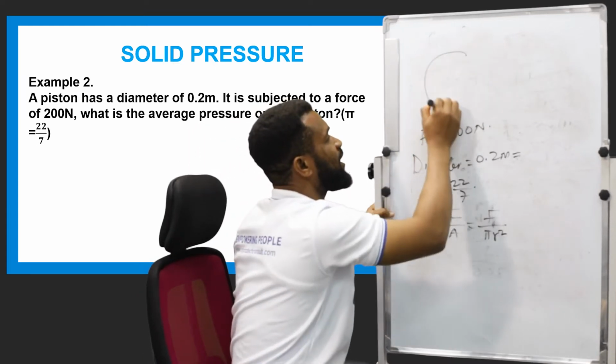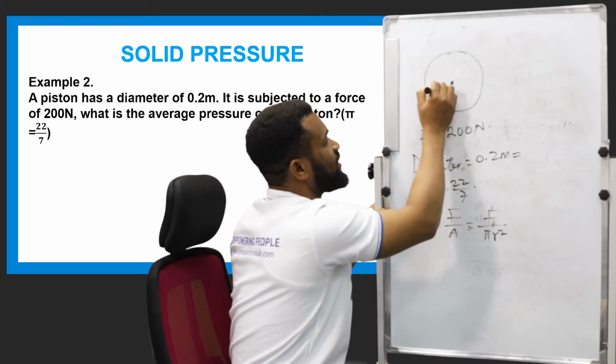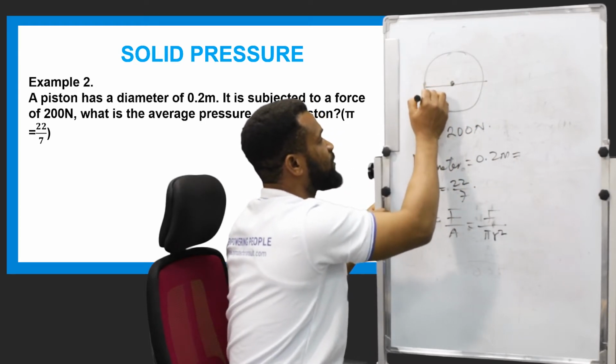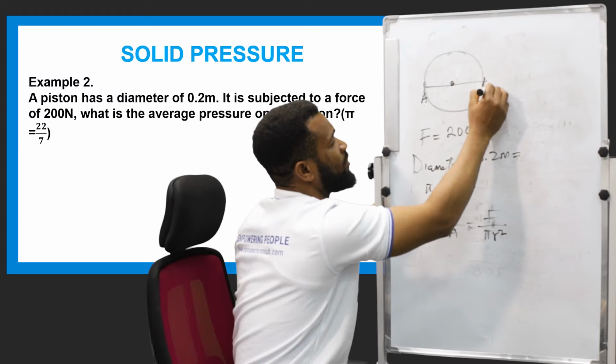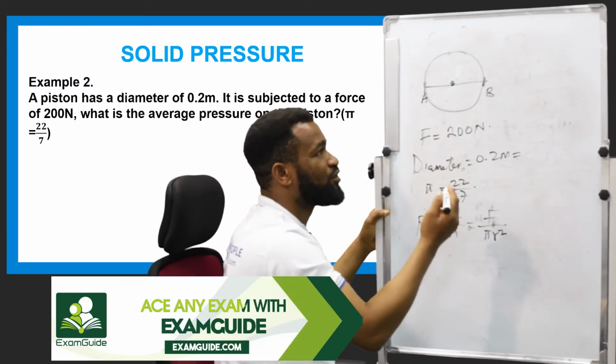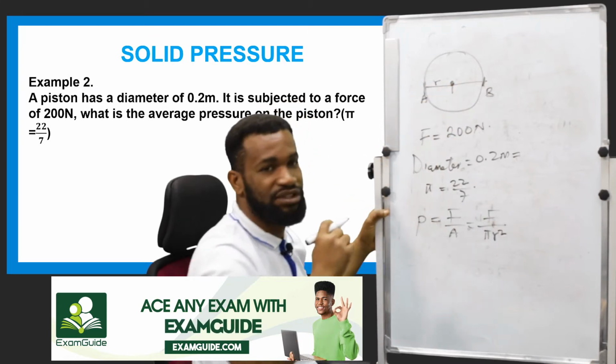Now, if you have a circular part, and this is the center of the circle, the diameter is from this point, let's say point A, to this point B. If from here to here is 0.2, then what will be from this part to this part, which is the radius?